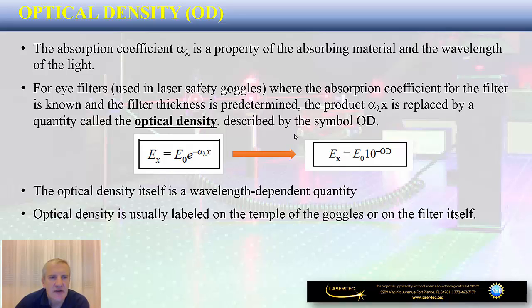If you're talking about eye filters that are used in laser safety goggles, the absorption coefficient of the filter is known, and the filter thickness is also predetermined. So very often we don't have to look at both of these quantities separately. The coefficient alpha and thickness x can be replaced by a single quantity, the so-called optical density, also very popularly known as OD.